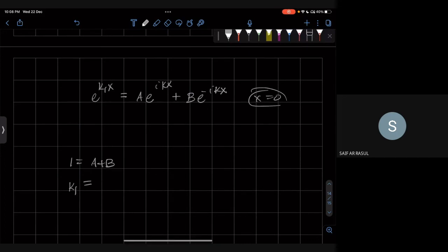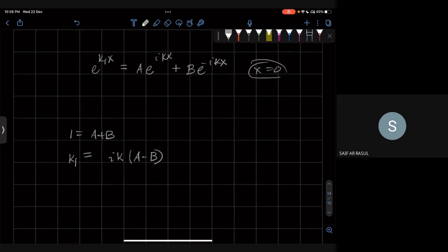On the right-hand side, I'll get ik, and then A minus B. And then from the other boundary, we have C e to the power minus k1x is A e to the power ika plus B e to the power minus ika. So this is not as nice as the other one.